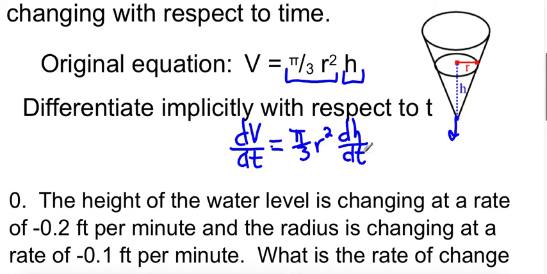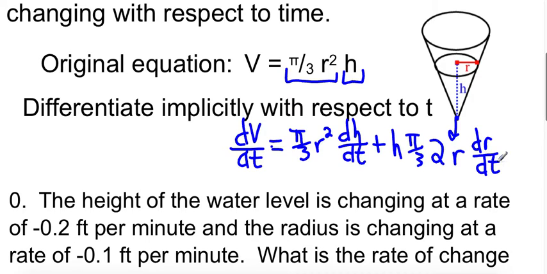Plus the second, h, times the derivative of the first: we have pi over 3, and r squared, we bring the 2 down, lower the exponent, so we have 2r. Then we need to apply the chain rule. We don't know what r is necessarily, so we're taking it with respect to time, so we have dr dt. Since we're differentiating with respect to time on both of our variables, h and r, we need the dr dt or the dh dt. So this is our derivative.